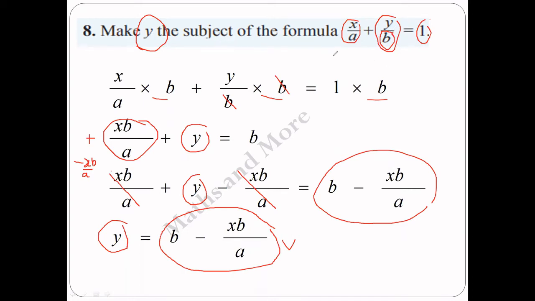So you can copy this again: X over A plus Y over B. Now you can subtract this X over A. So subtract X over A from both left and right.